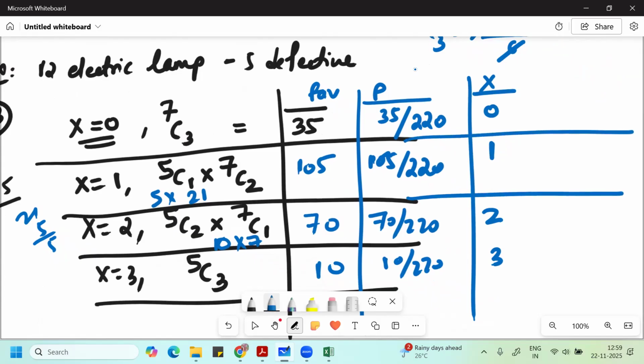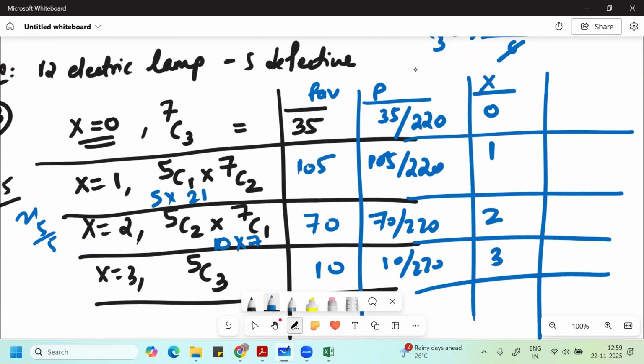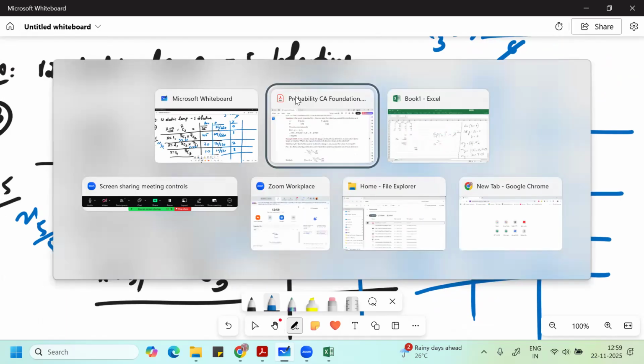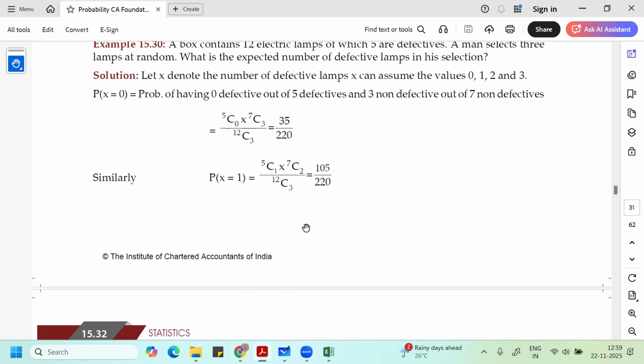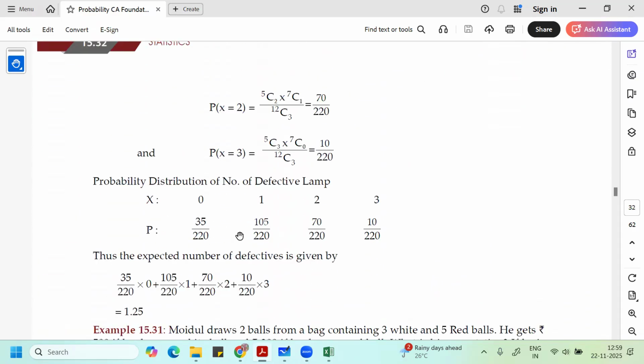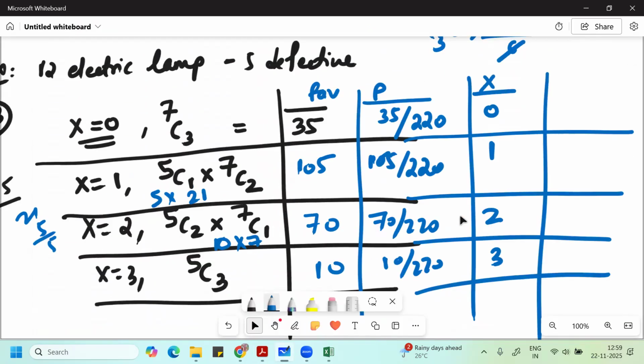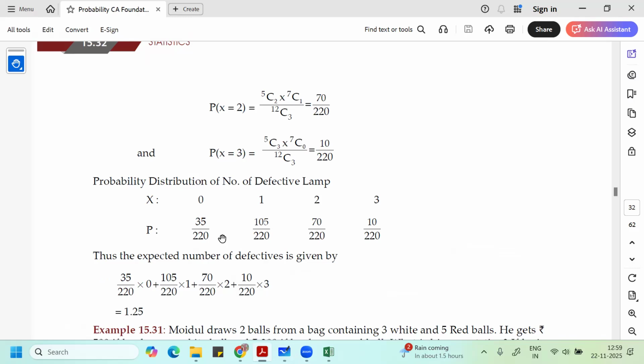Clear, everyone? So your X is 0, 1, 2, 3, and your probabilities are 35 by 220, 105 by 220, 70 by 220, 10 by 220.